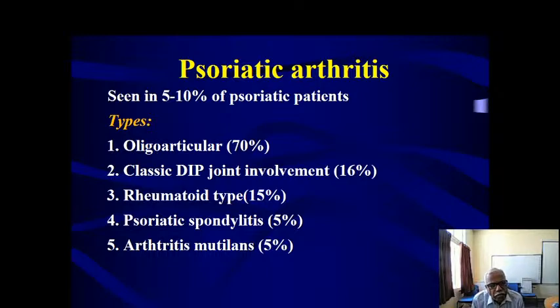Then rheumatoid type, so bilateral. Then there is psoriatic spondylitis, there is lumbosacral spine involvement. And lastly, arthritis mutilans, there are deformities of the bones.